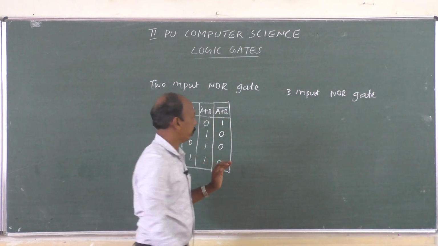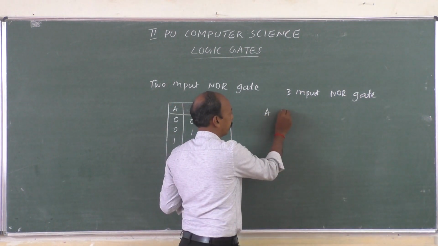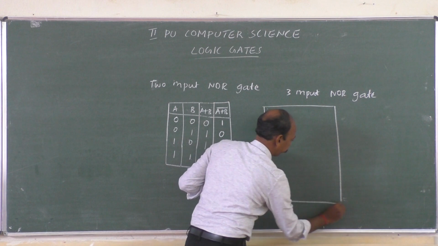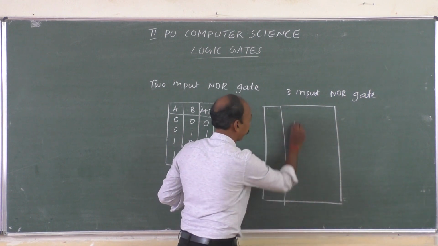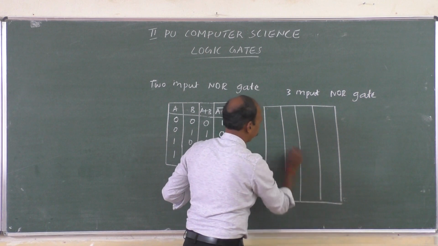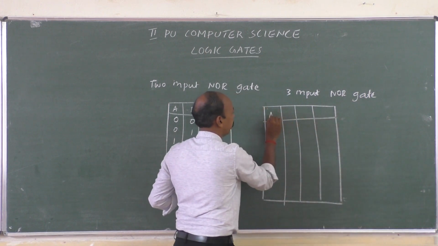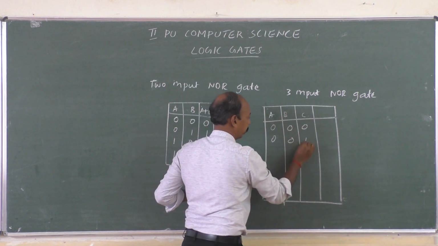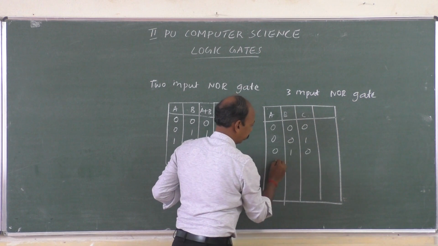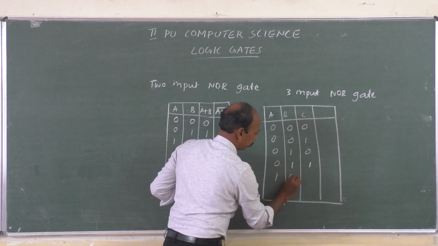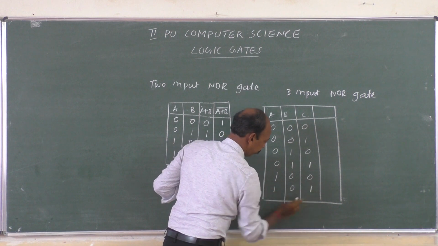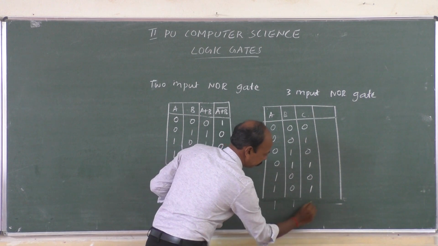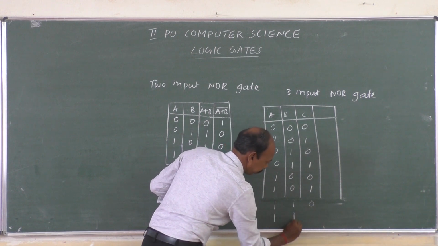When we talk about a 3 input NOR gate, let us take it as A, B, C: 0 0 0, 0 0 1, 0 1 0, 0 1 1, 1 0 0, 1 0 1, 1 1 0, and the last combination 1 1 1.